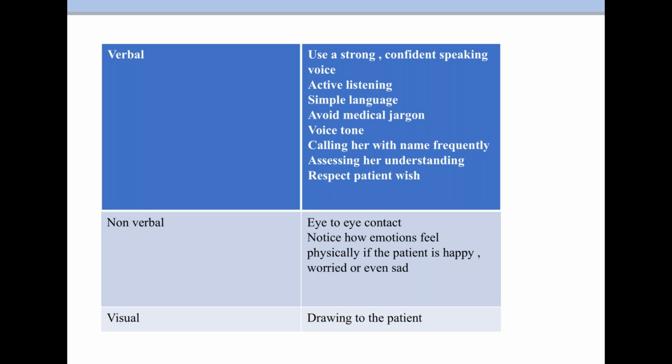What about the visual communication? Visual communication here in part 3 exam is to draw to the patient. What to draw? Sometimes if you want to explain about ectopic pregnancy, the patient can't imagine how the pregnancy can be outside the womb because they don't know what the fallopian tubes are, where the womb is, where the pregnancy should be.